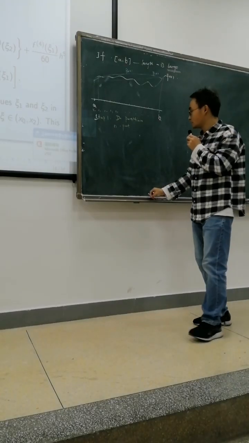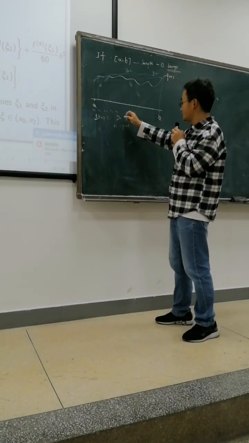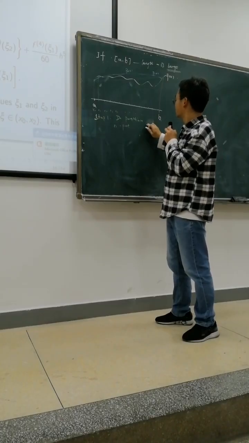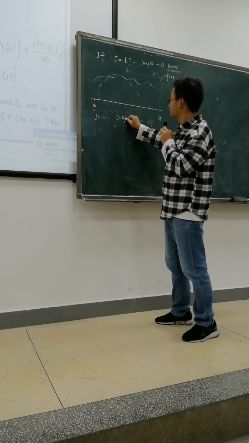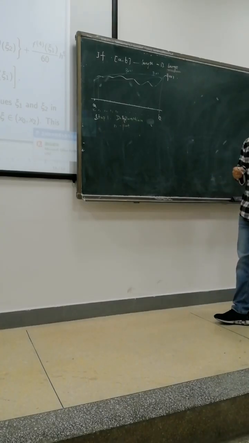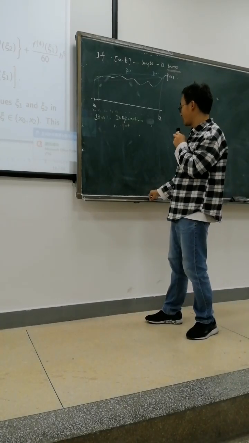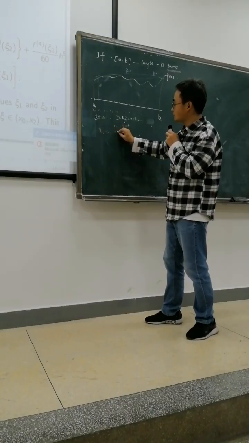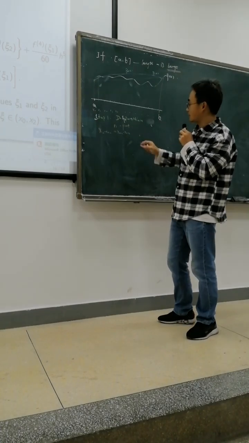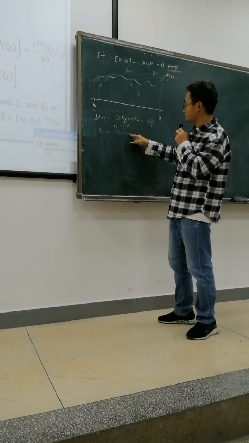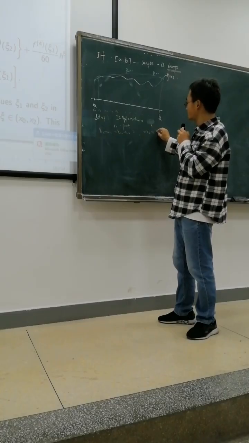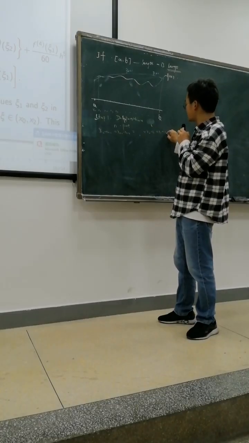Each of these parts we take as an equipartition. If we do equipartition, here we have xn minus x(n-1) equal to x(n-1) minus x(n-2), down to x2 minus x1 equal to x1 minus x0, right?